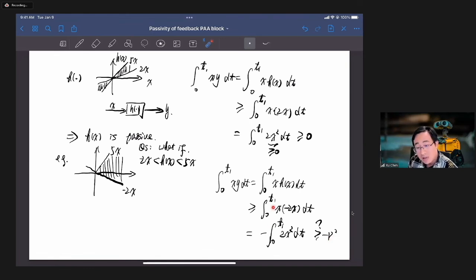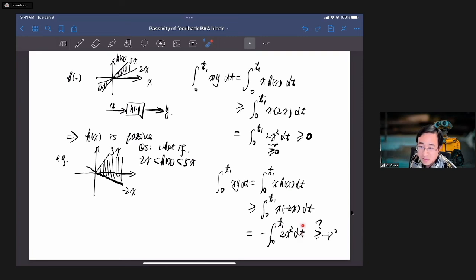What we can only know from the result is that it's going to be lower bounded by this negative integration from 0 to t1 of 2x squared dt. And as t1 increases, this integration will keep increasing potentially.